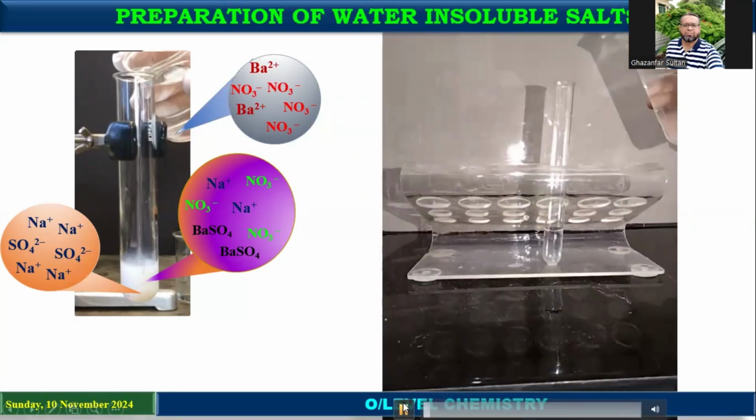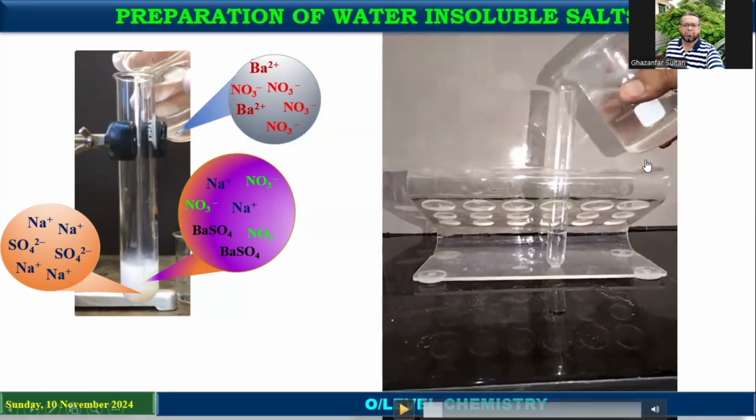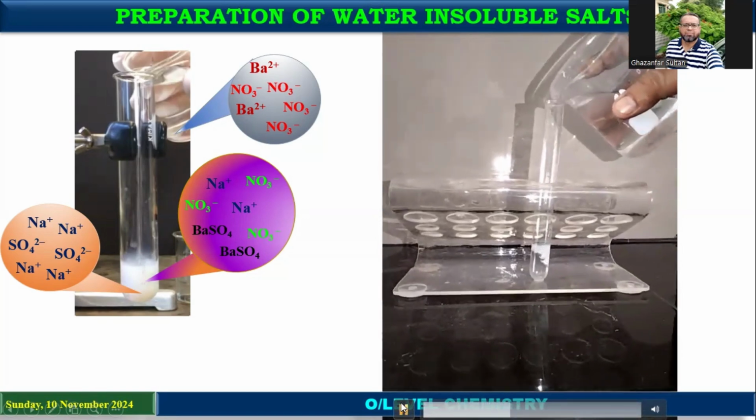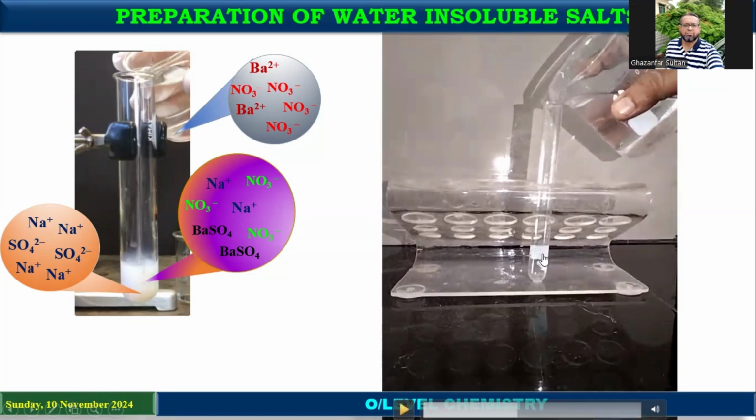What happens? One of the solutions is here and another is here. It contains barium nitrate and it contains sodium sulfate. See what happens. White precipitates are being obtained as shown in this figure. So see the complete video.